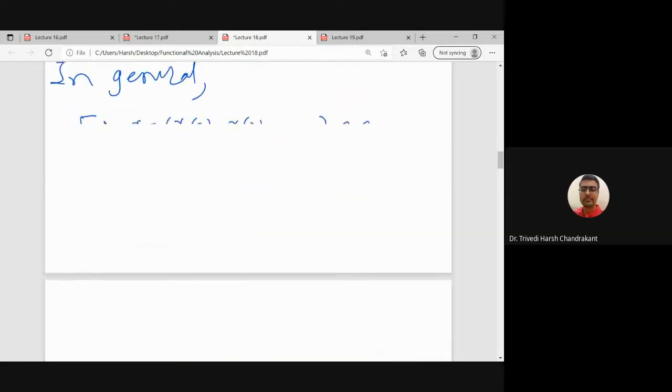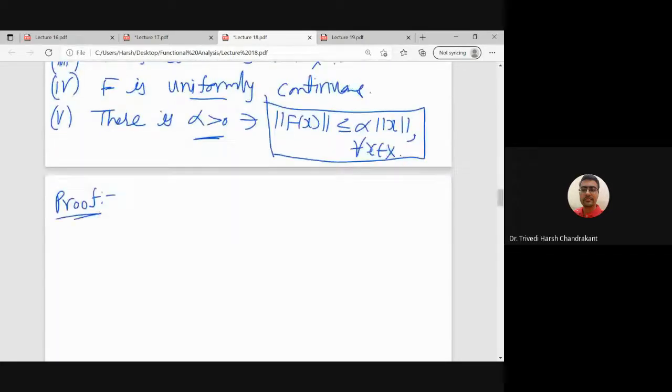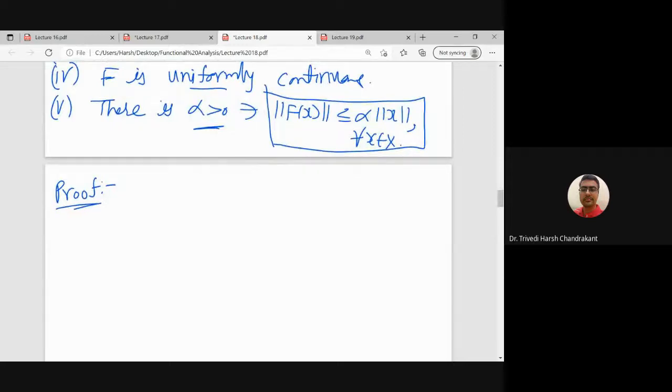So for example, 5 implies 4. If 5 is given, then we get this alpha greater than 0 such that this holds. What is norm of fx minus fy?